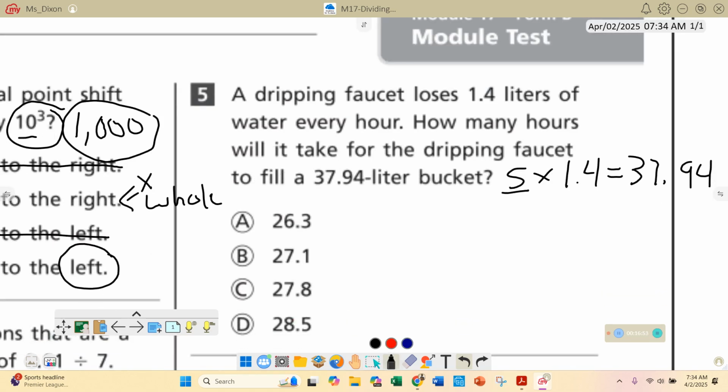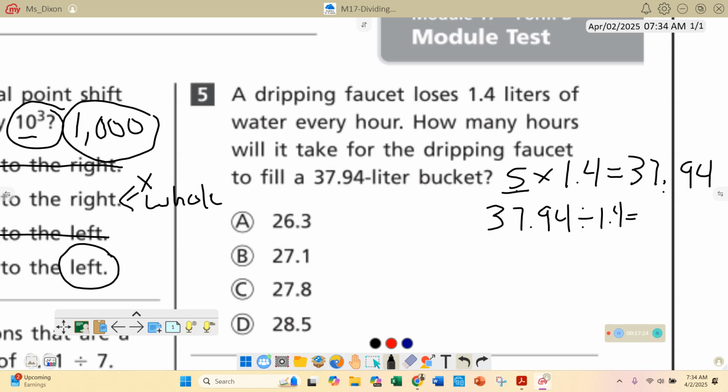So to switch it to a division problem, we take our product, and that becomes our dividend. Our sign becomes division. And our divisor is either one of our factors. Since we don't know one factor, let's make it the factor that we know.